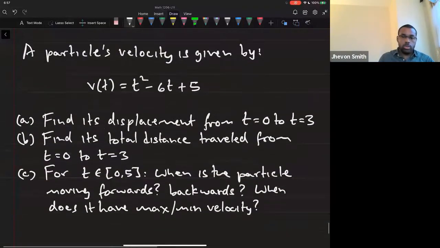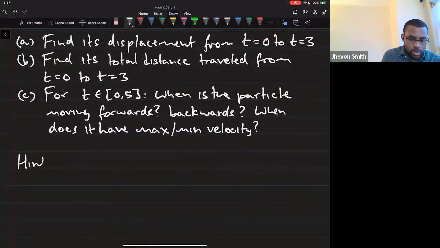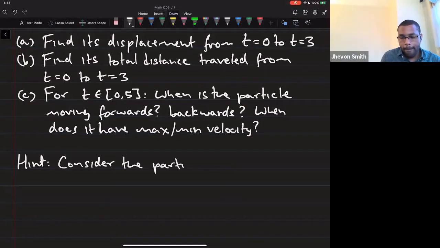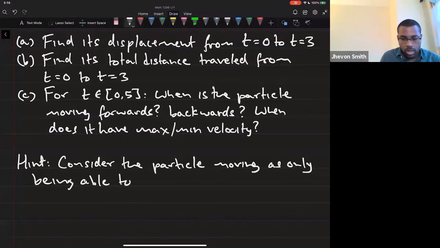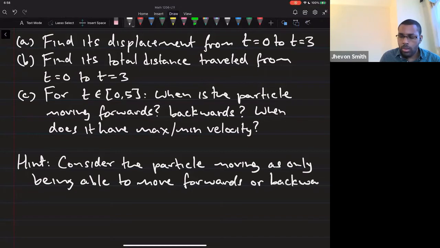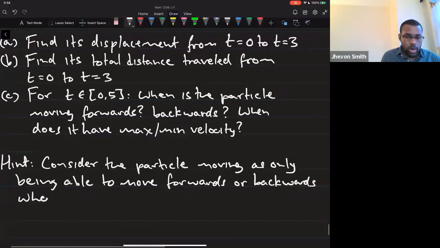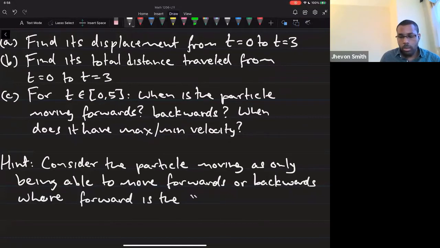So, hint, consider the particle as only being able to move either forwards or backwards, where forward is the positive direction.